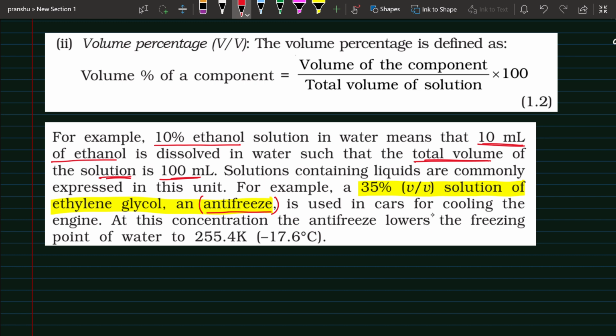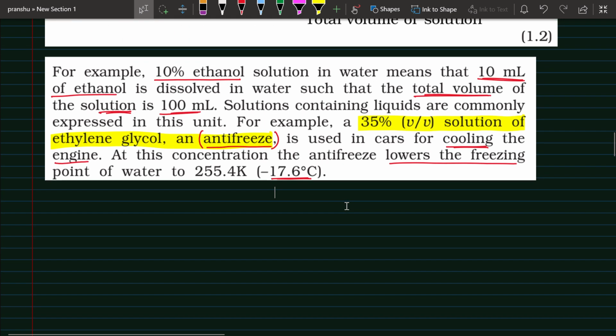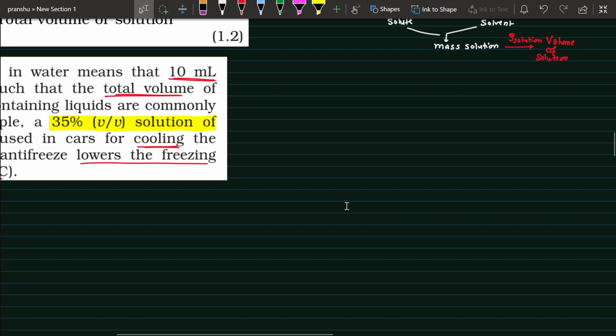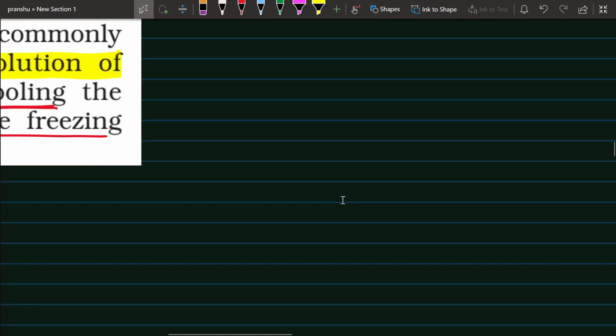Now here it is written that it is used as cooling for car engine. It lowers the freezing temperature by minus 17 degrees Celsius. Later we will study how it happens, but till then you have to think on that concept.